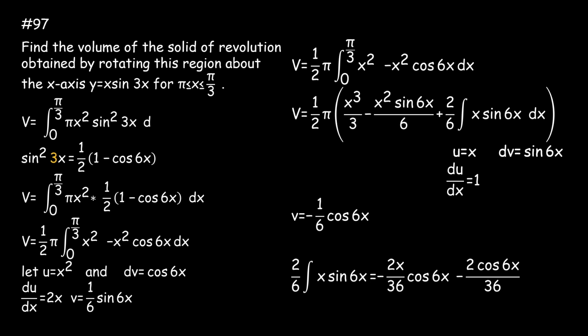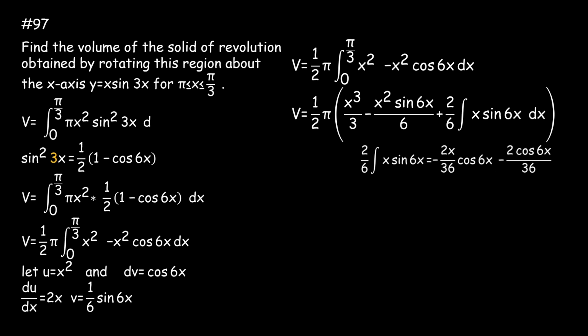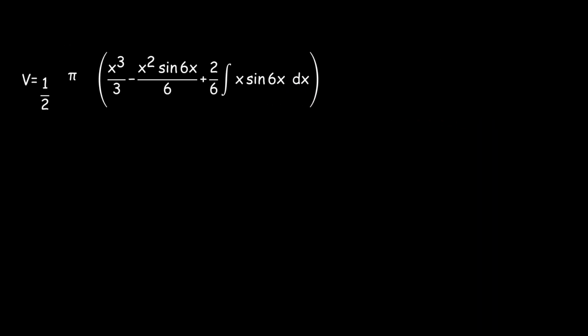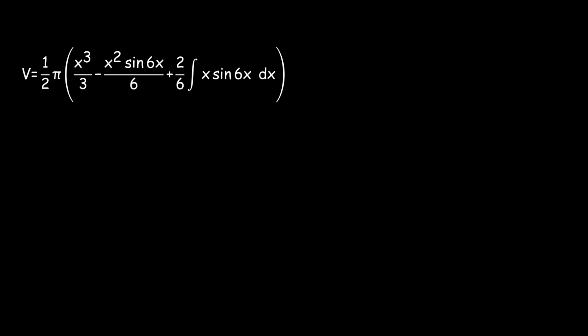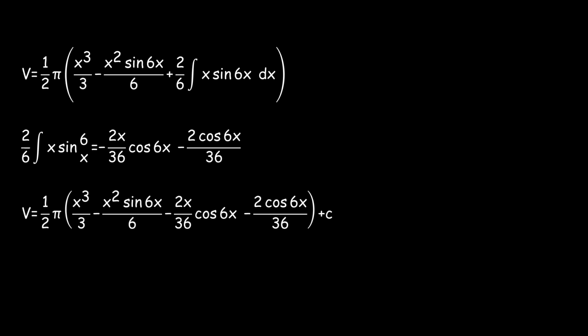So we're going to replace this value that we got into our equation right over here, such that we have the volume being equal to half pi x cubed over 3 minus x squared sine 6x over 6 plus 2x sine 6x dx. Now our final answer would be 1 over 2 pi x cubed and so on plus c.